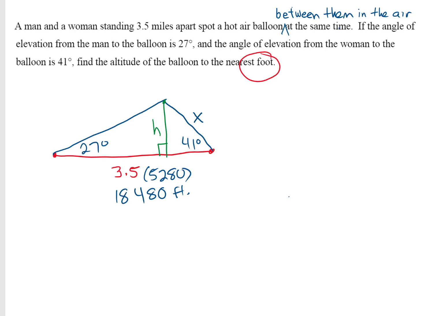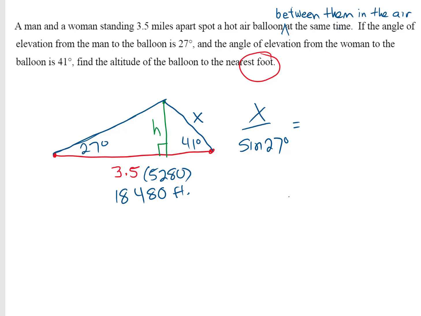First, we're going to find that x, and we're going to do that by looking at the outer triangle, the big triangle here, and using the law of sines. So x over the sine of 27, which is the side opposite x when we're looking at the big triangle, equals, and we've got an angle and a side opposite pair. No, we don't.